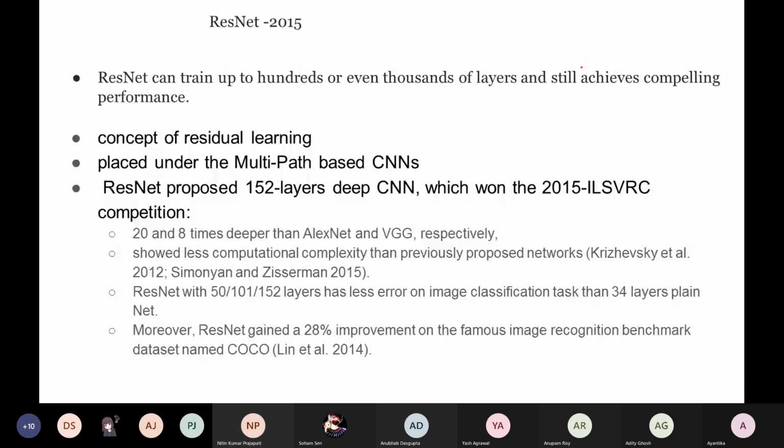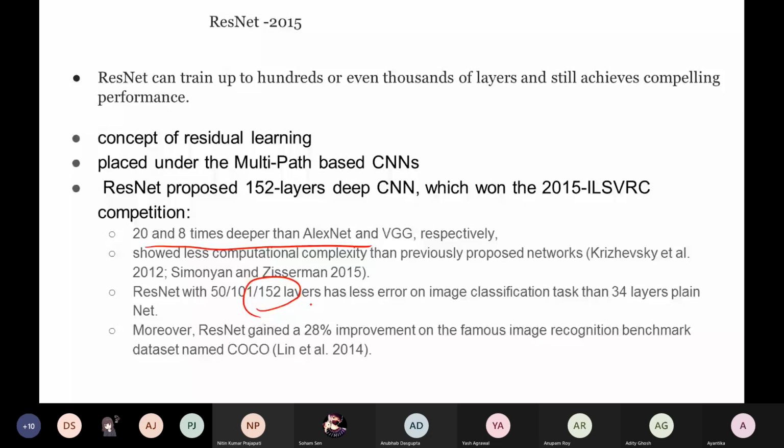You can see here ResNet is so many times deeper than AlexNet or VGG. It can go up to 152 layers, even higher, with less error on image classification than 34 layers.